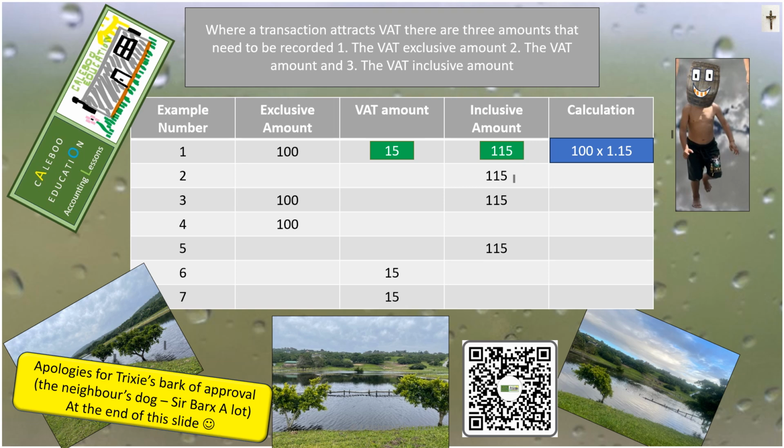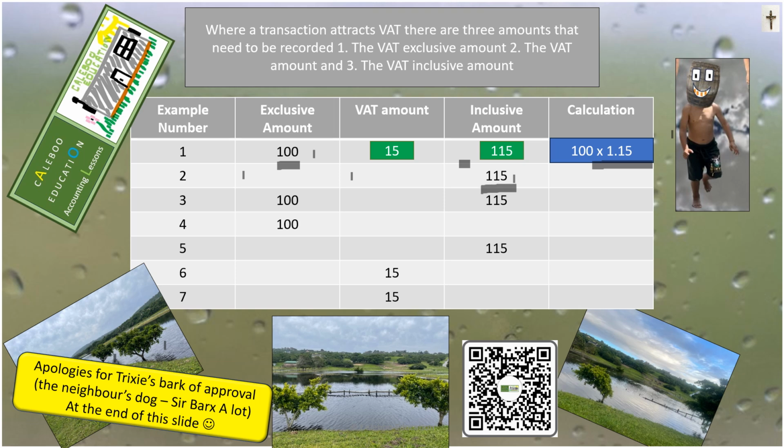How do I get to the VAT amount and the exclusive amount? So in number one, I went from the exclusive amount to the inclusive amount by multiplying by 1.15.